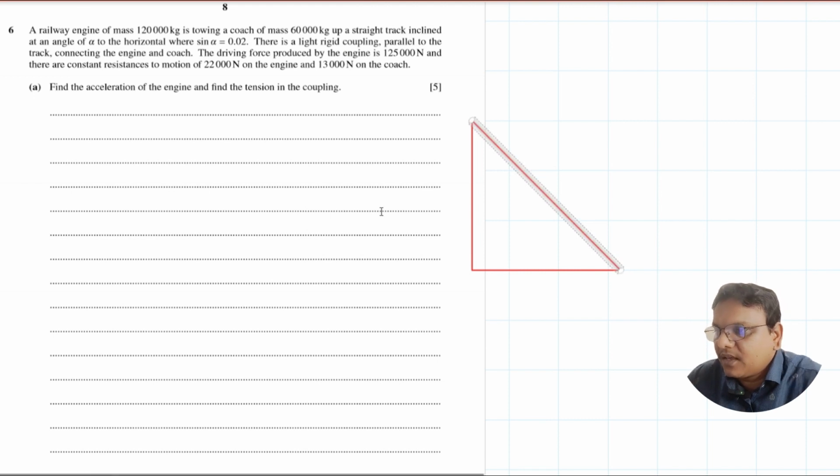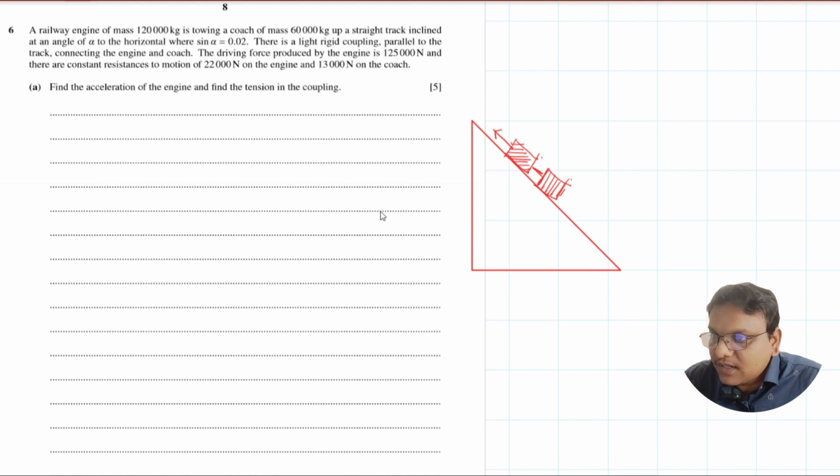Now see, as per the question, there is one engine here, correct? This is the engine we have, and this railway engine is towing one more coach. You can see here, this is the coach we have, and this is moving upwards like this, right?